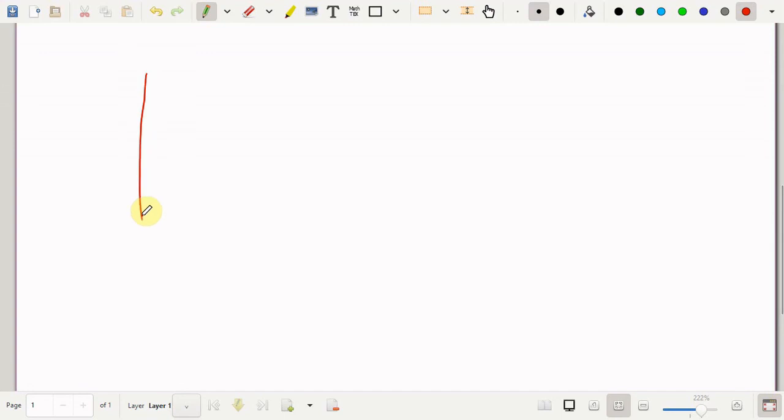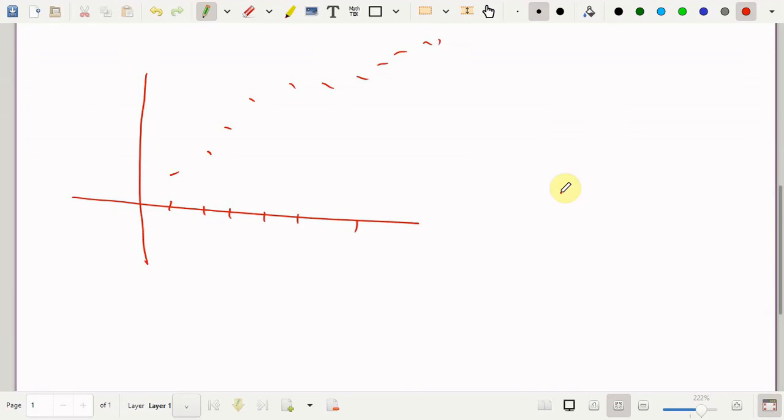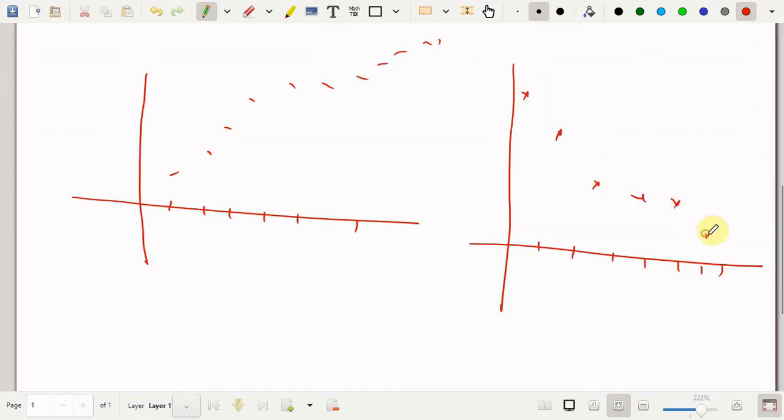As you keep on increasing the values of n, the sequence either keeps on increasing like this, or it might keep on decreasing, so the first value would be this, then this, then this. This kind of sequence is called a monotone sequence.